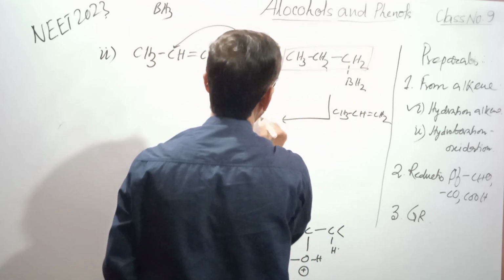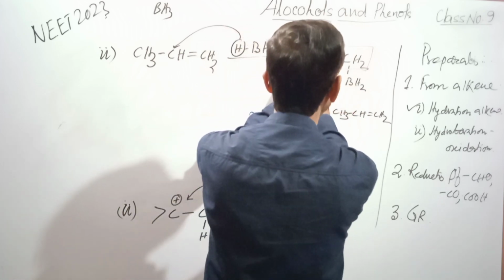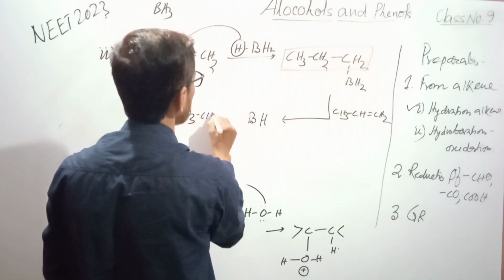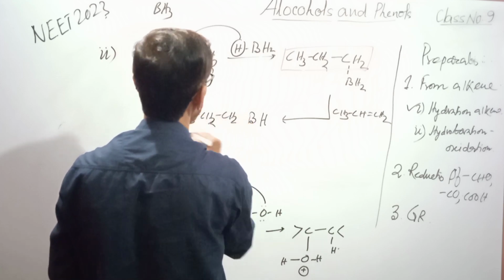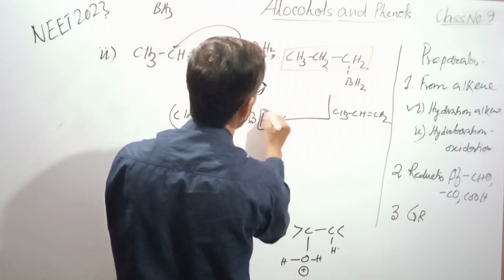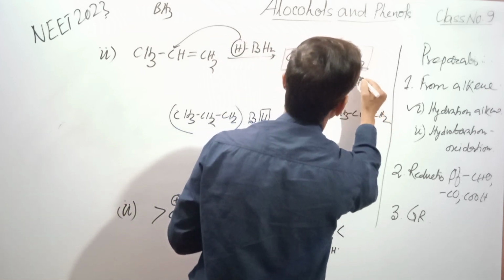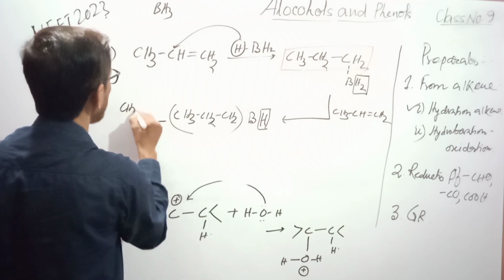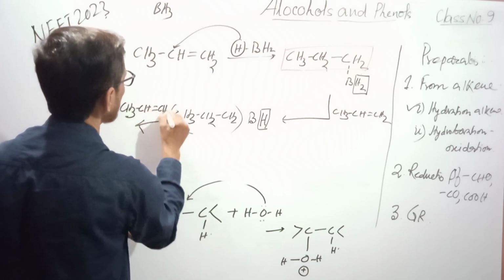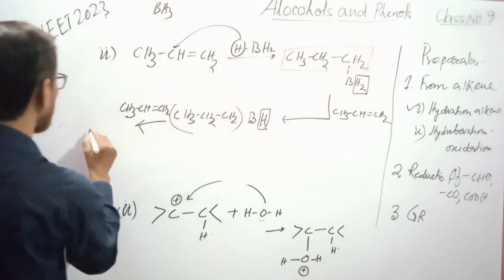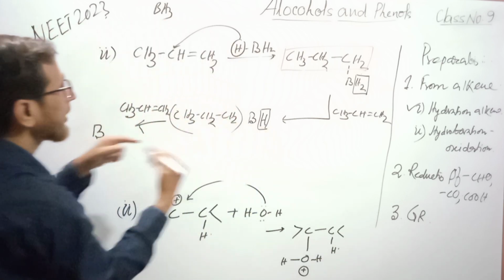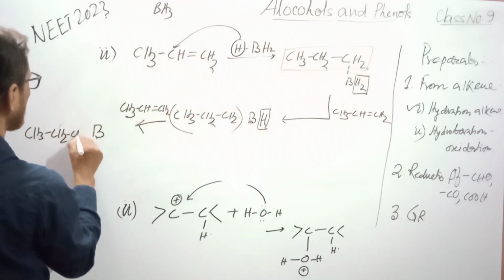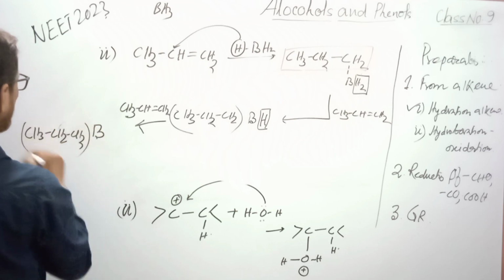Now your BH2 will become BH, and another same CH3, CH2, CH2 will come. So you are getting CH3, CH2, CH2 twice, replacing one hydrogen. Am I right? Likewise, again you add CH3, CH double bond CH2. Again you replace that hydrogen, and in its place you add this unit, CH3, CH2, CH2. It will become thrice.